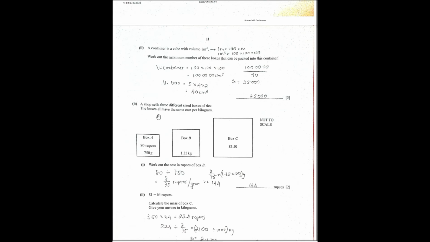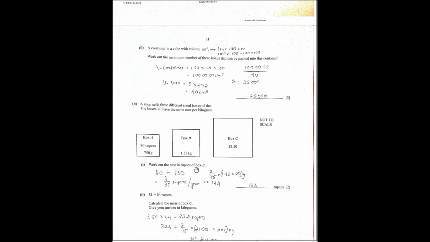Next, a shop sells 3 different sized boxes of rice. The boxes all have the same cost per kilogram. So box A is 80 rupees for 750 gram, box B is 1.35 kilogram, while box C is $3.50.